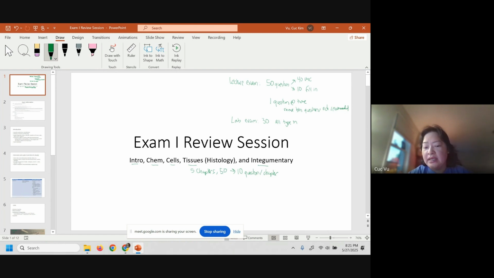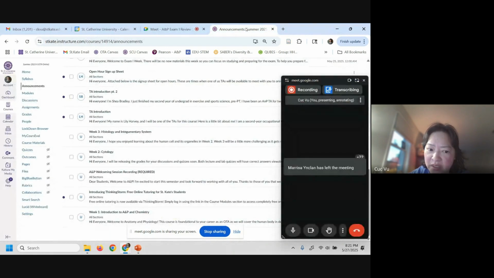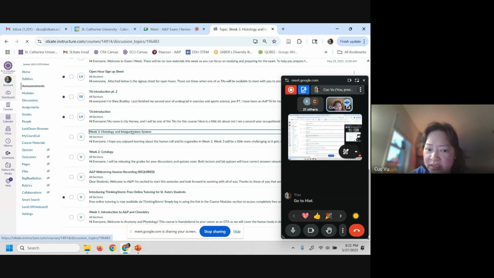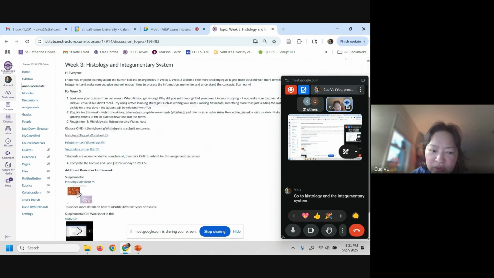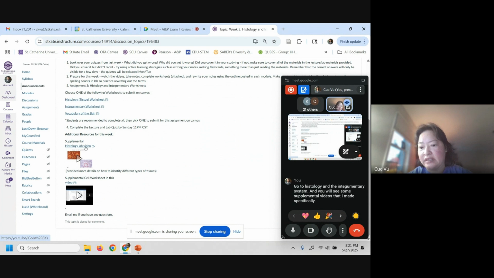And so on. Now, a few of you talked about tissues in terms of being able to identify what's stratified and what is simple, and between all of those, tissues is a very hard one as well. So I'm going to recommend that if you haven't had a chance to do it yet, go to the announcements page, go to histology and the integumentary system, and you will see some supplemental videos that I made specifically for this class.